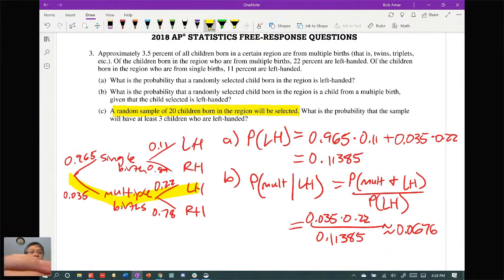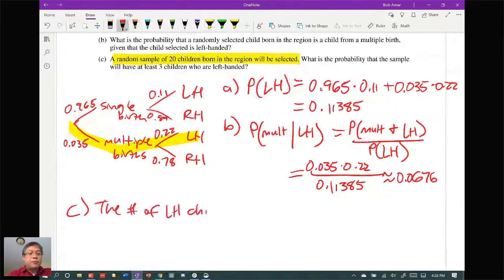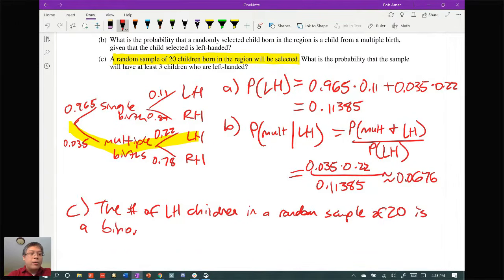So part C says, basically, the number of left-handed children in a random sample of 20 is a binomial random variable. And how do we know it's binomial? We know it's binomial because our textbook uses a thing called BINS.